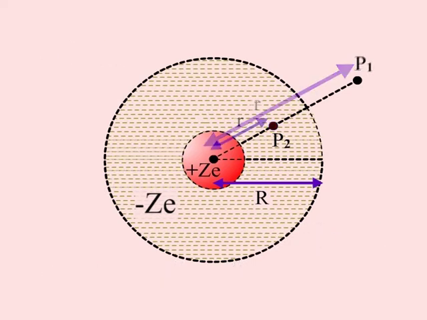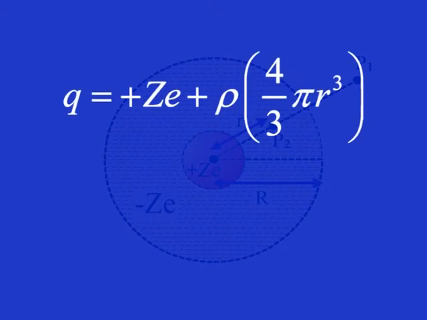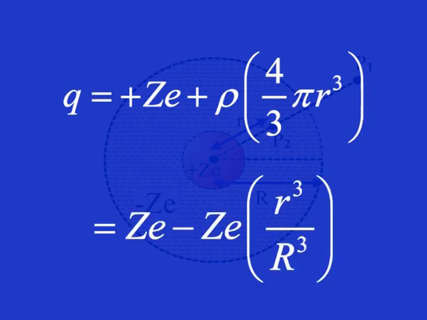But when the point is inside the atom, that is, small r is smaller than capital R, the charge enclosed by the Gaussian surface is plus Ze plus rho into 4 by 3 pi r cube, which is Ze minus Ze into r cube upon capital R cube.